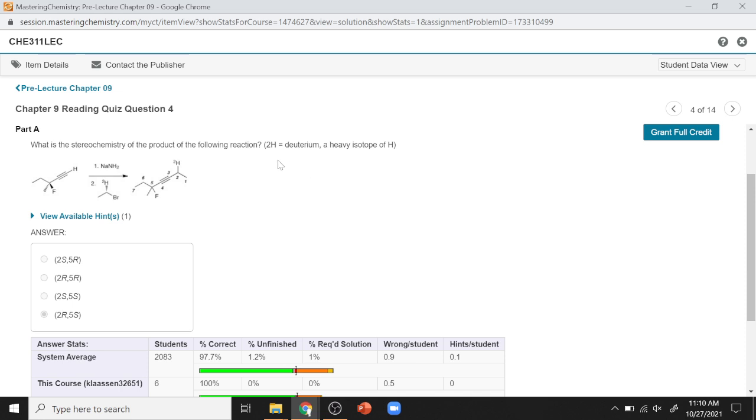Okay, so whenever we assign R and S, we always have to put what group in the back? A hydrogen, you got it. And so those 2 carbons here can be in the plane, can't they? And then this hydrogen right here would be coming out towards me probably. And then the other hydrogen is probably facing away from me, right? And so what would then be the priorities?